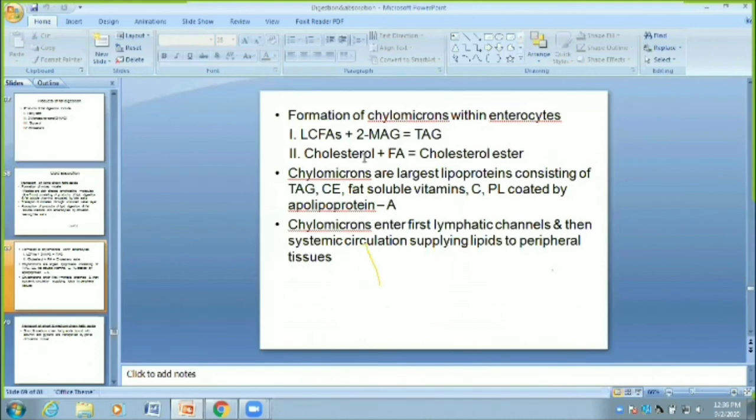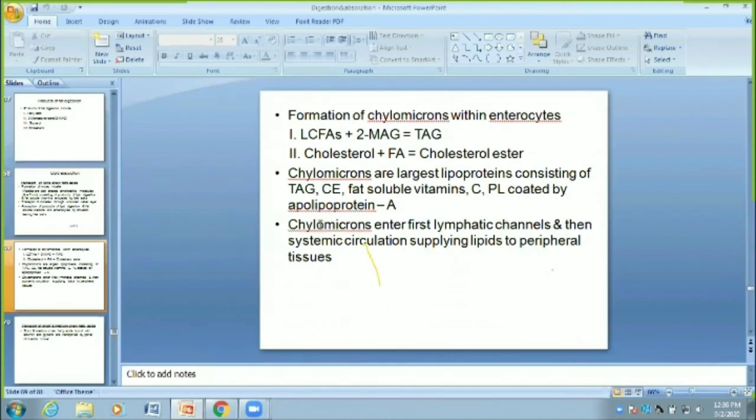Within the enterocytes, there is again formation of triacylglycerol and cholesterol esters. Triacylglycerol, cholesterol ester, fat-soluble vitamin, cholesterol, phospholipid, coated by lipoprotein, apolipoprotein B. Is it clear?